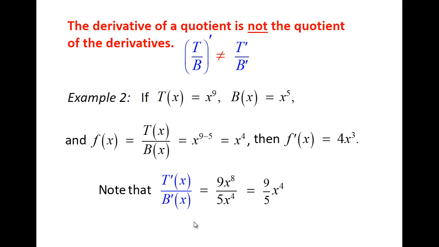So we see that the ratio of the derivatives of the top and the bottom is 9/5 x to the 4, and the derivative of this quotient t over b is 4x cubed. So they are not the same. The derivative of this quotient is not the same as the quotient of the derivatives of the top and the bottom.